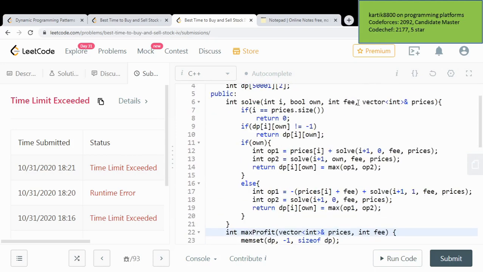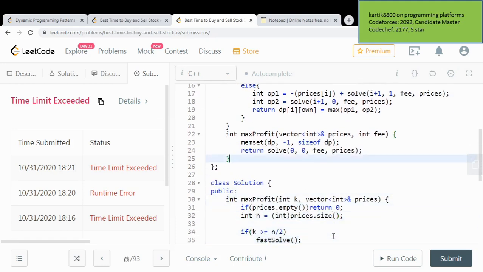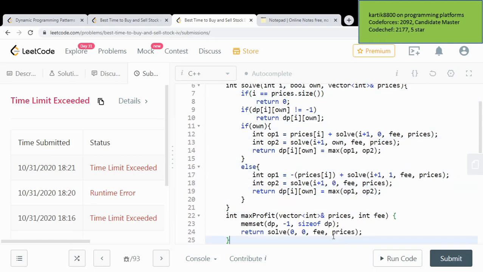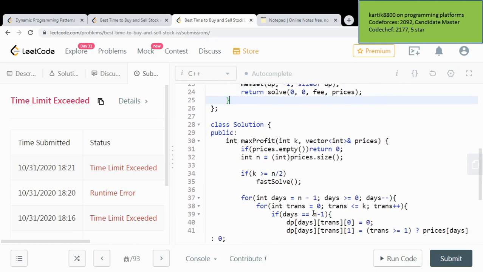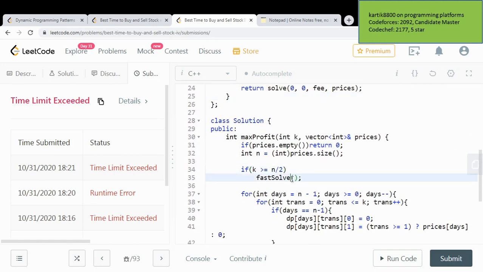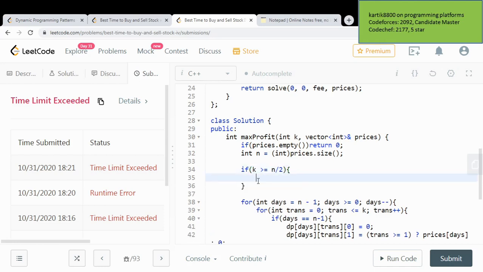and just remove this fee variable, because right now there is no processing fee, but we are allowed as many transactions as we want. This thing runs in big O of n time. And what I can do is call that part to solve the answer for me.